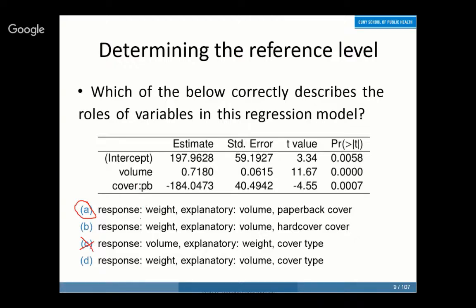This is what we call a dummy variable. It's a variable where it's 0 if it's a hardcover book and it's 1 if it's a paperback book. So this is a dummy variable for cover type, equal to 1 if it's a paperback cover. I think both of these are kind of right, and I suspect that this is the intended answer. But they're both right.